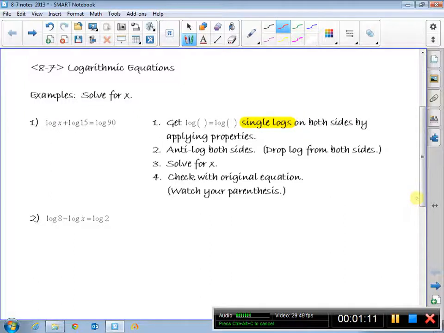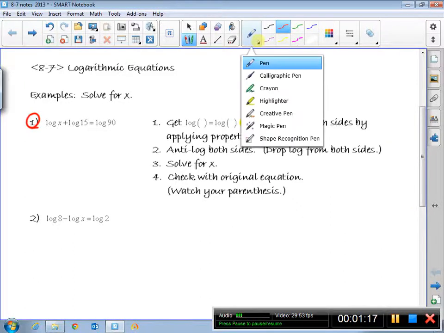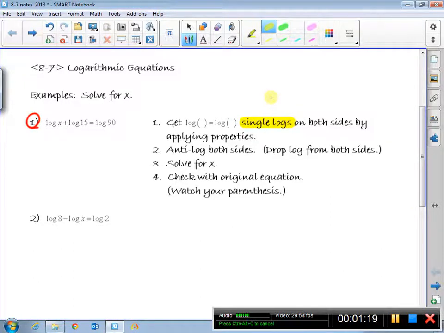The first example has log of x plus log of 15 on the left-hand side, and they are separated. So one thing I know that I can do is put them back together. And indeed, that's what we want to do.